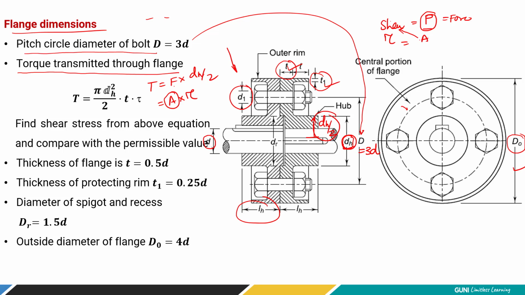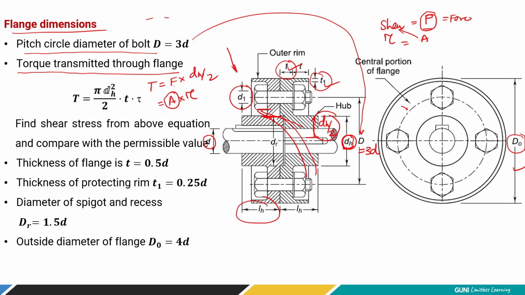Now, what is this area where this torque is being transmitted? So just try to understand. Let me draw a circular figure. So here the tangential force F is applied. At what location is it applied? Very simple, at this point, right?